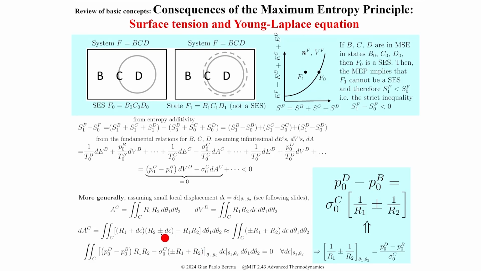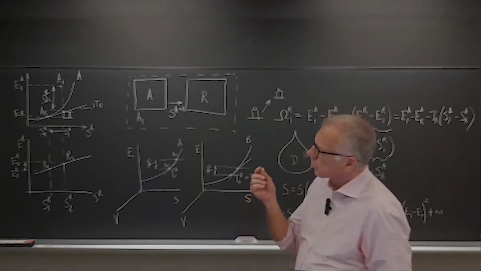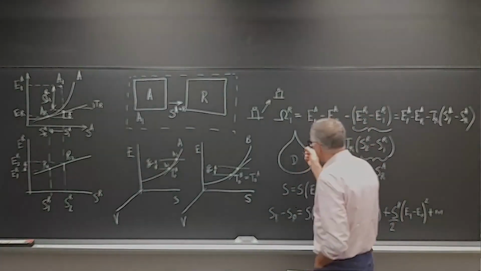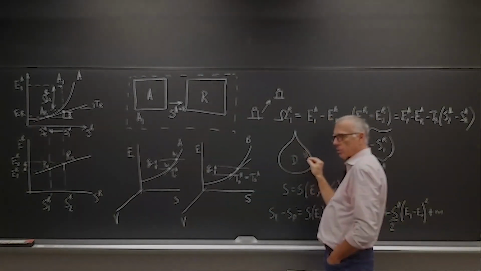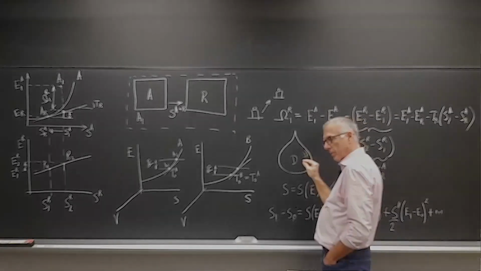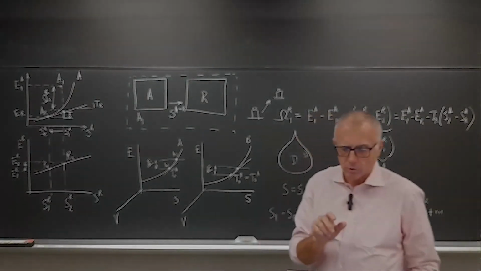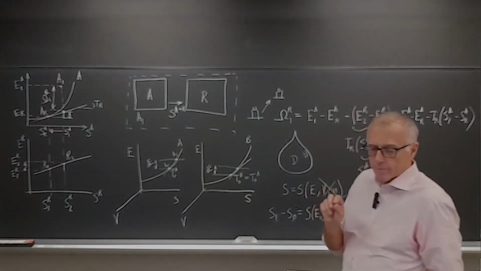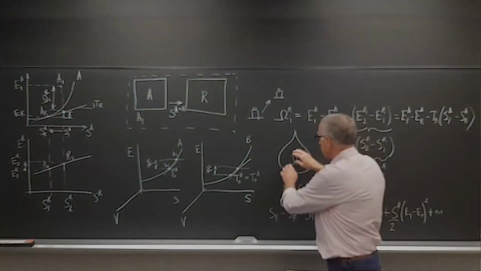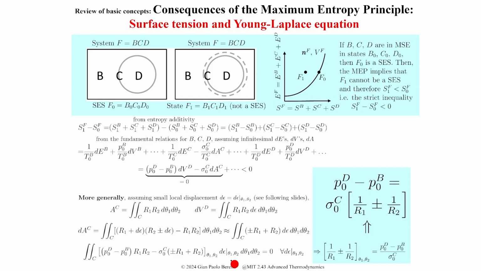In the end, you get a double integral over the surface coordinates, and the epsilon. Now you can choose the epsilon arbitrarily at every location on the surface. So that integral must be equal to 0 for arbitrary choices of how you distribute the epsilons, which says that it's the integrand that must be equal to 0.